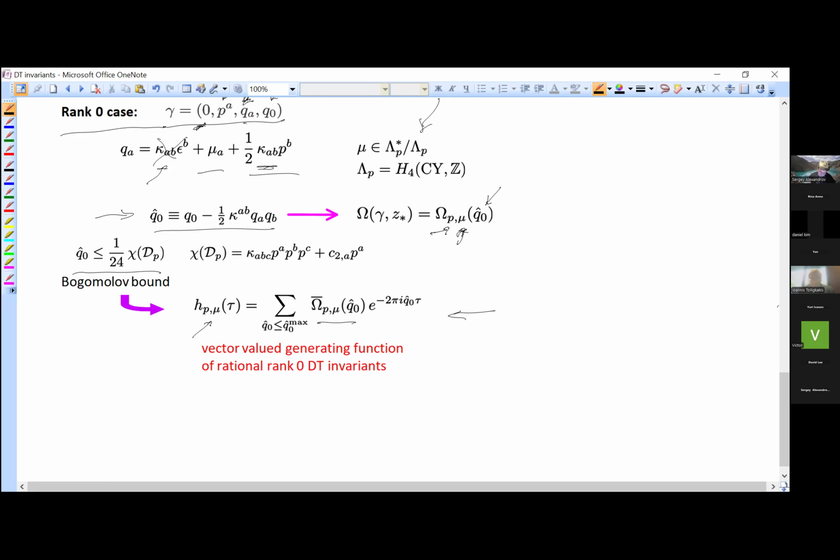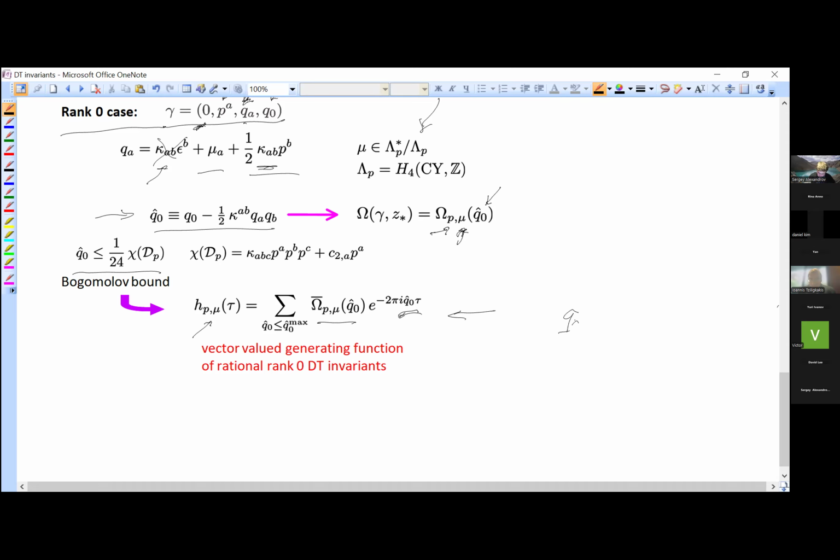Maybe it does, but I do not understand. So your tau appears, your Q0 hat is an element of a lattice. Yeah, it's an element of the lattice. And what do you mean that you take the exponent of an element of the lattice?